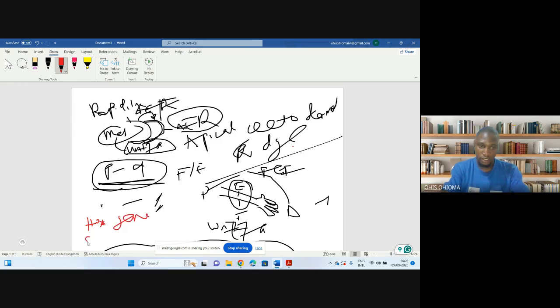The second one is the Sonic Hedgehog gene. And the other 2 are the fibroblast growth factor and the WNT7A gene. So this is the third one and this is the fourth one.